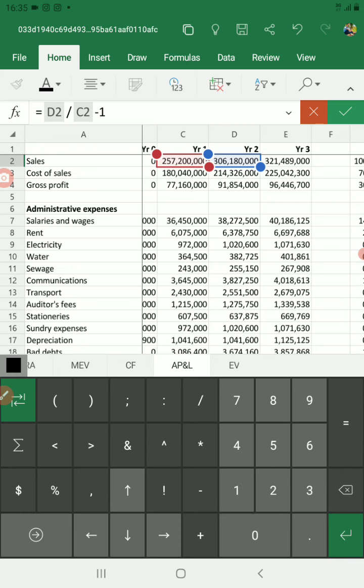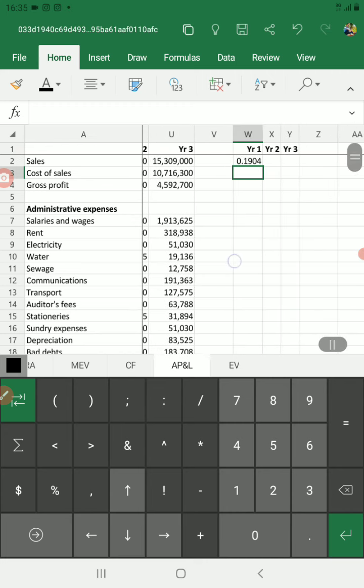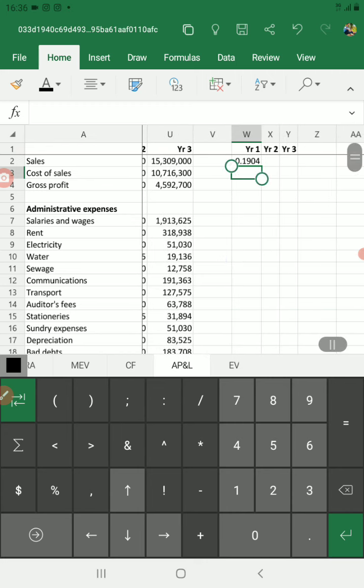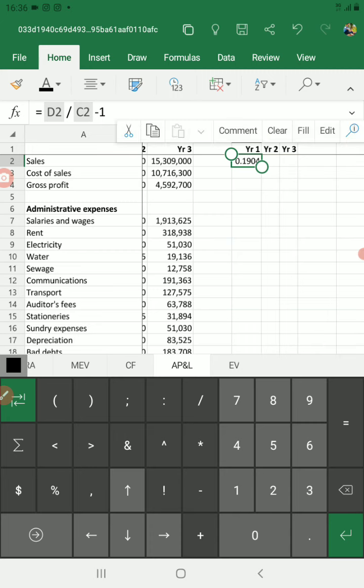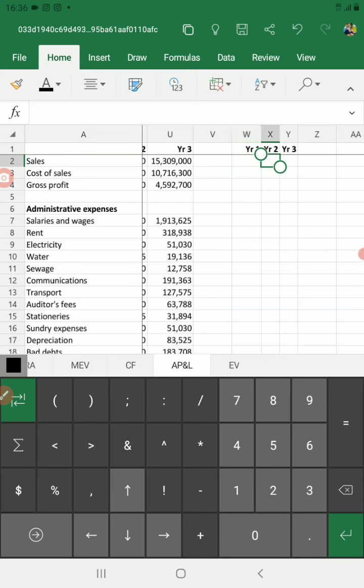Okay, press enter. That was supposed to be in year 2, sorry. Let me clear this. This one is in year 2 here.